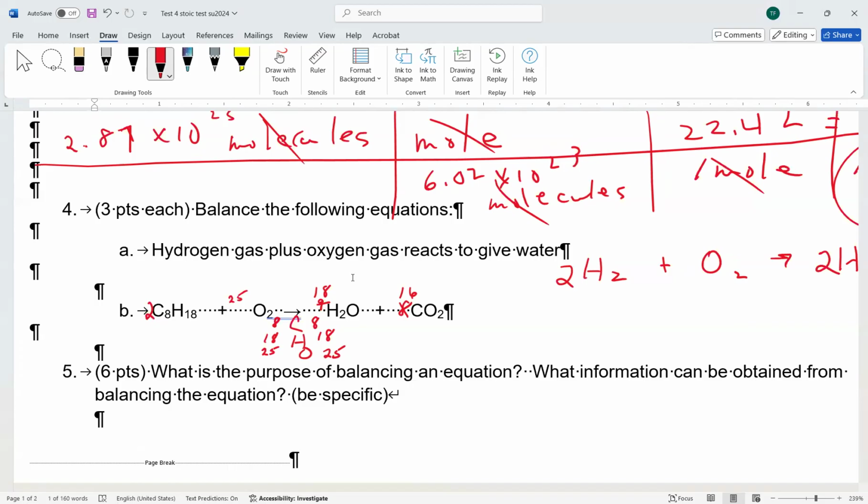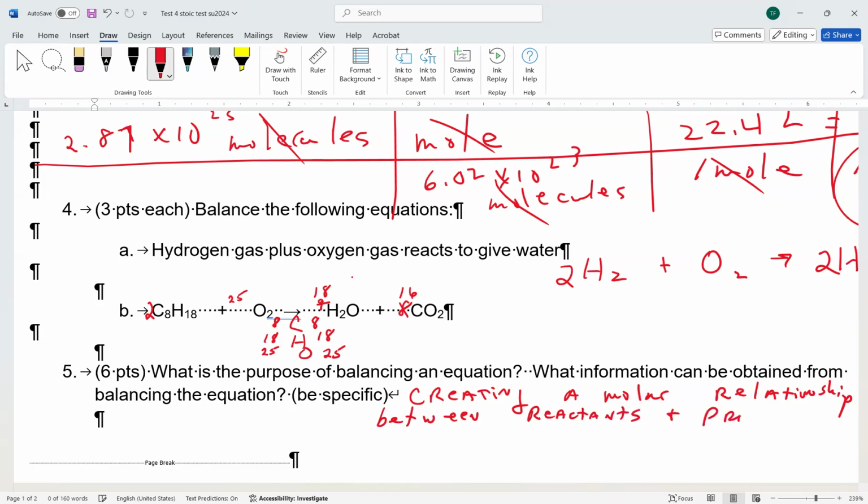So the purpose of balancing an equation is creating a molar relationship between reactants and products.